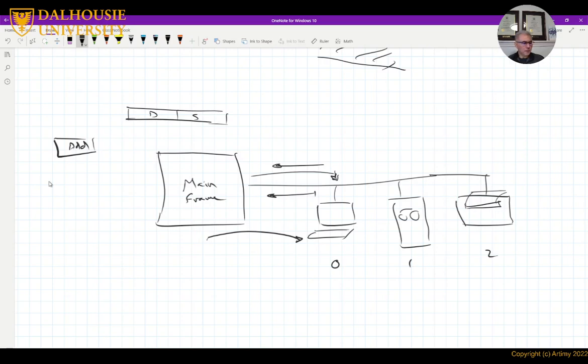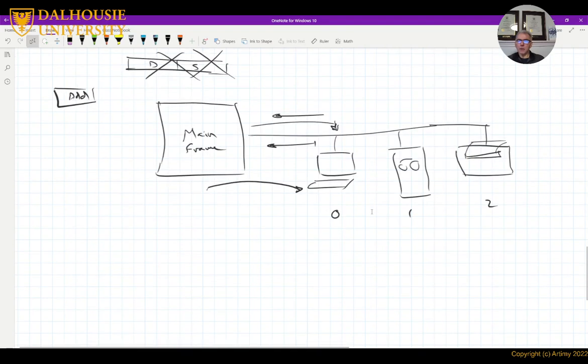That address field refers to the destination if the packet is coming from the mainframe. If it's going to the mainframe, that address field represents the source. So we don't have two addresses as we used to before.